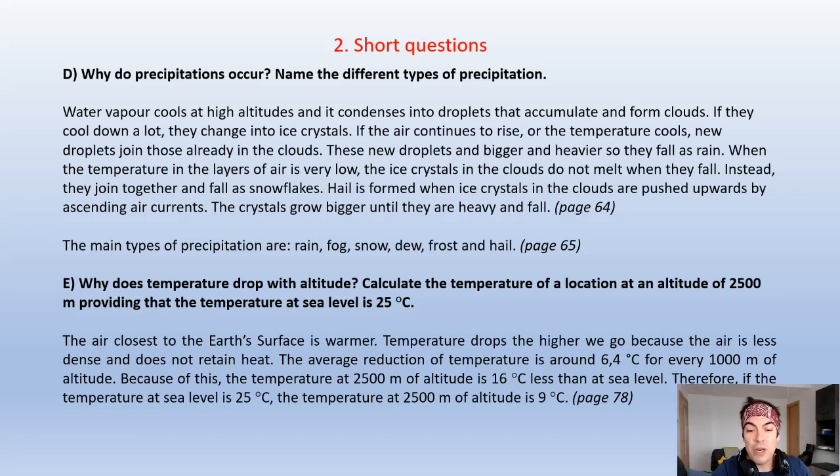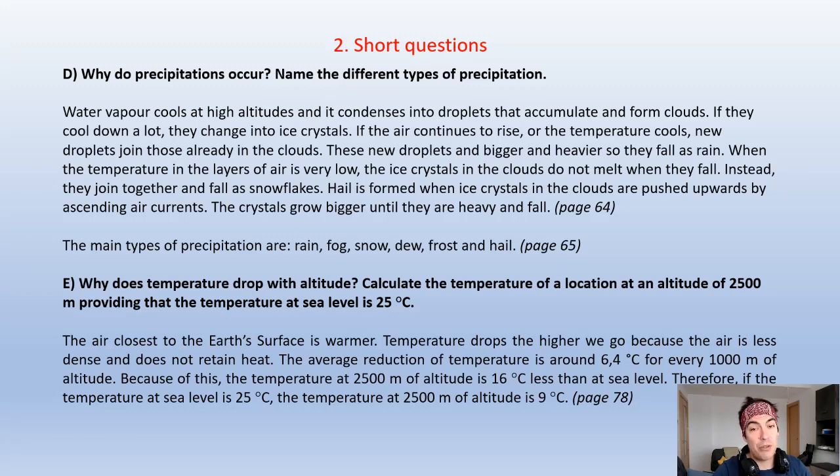So if we know that the reduction of temperature is 6.5 degrees for every 1,000 meters, for 2,500 meters it is going to be 6.4 multiplied by 2.5. So the value is 16.